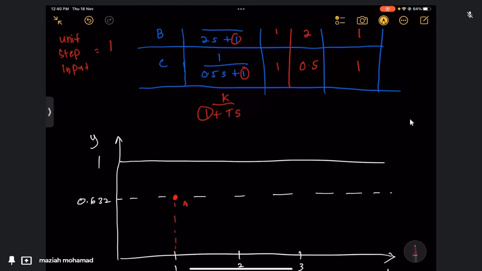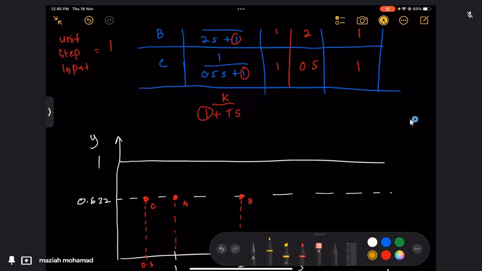B reaches 0.632 at 2 seconds. System C will reach at 0.5 second.